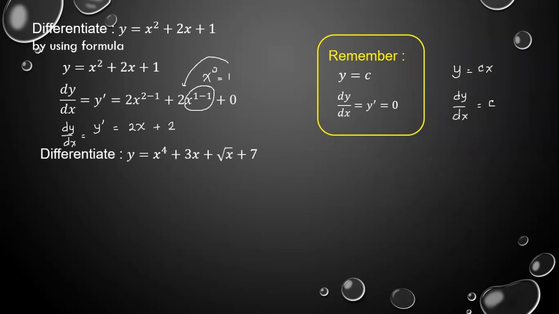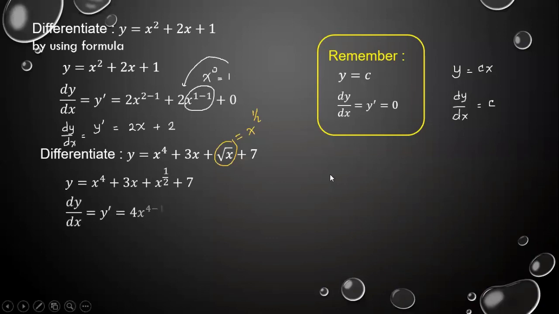Okay, students, that's our job. y equals x to the power 4 plus 3x plus x to the power of a half, since root of x is x to the power of half. You should remember the indices, right? So y equals x to the power 4 plus 3x plus x to the power of half plus 7.